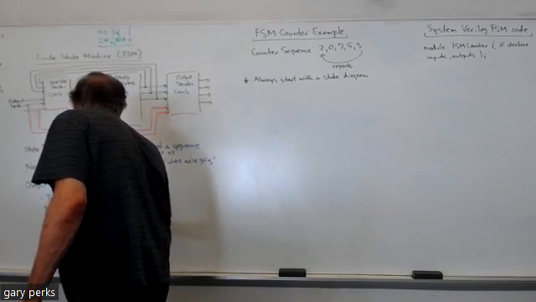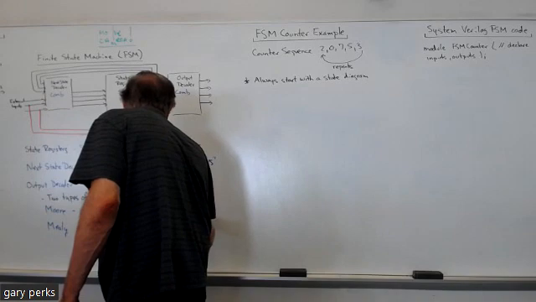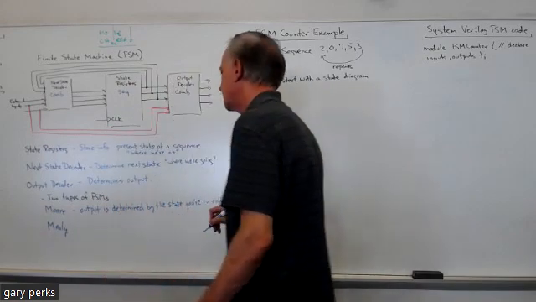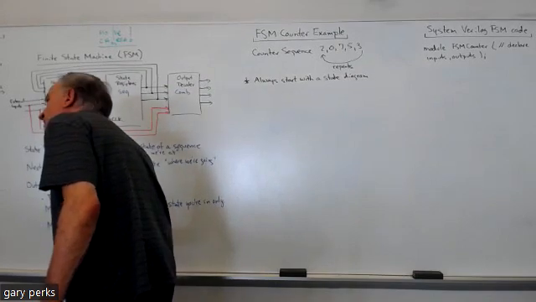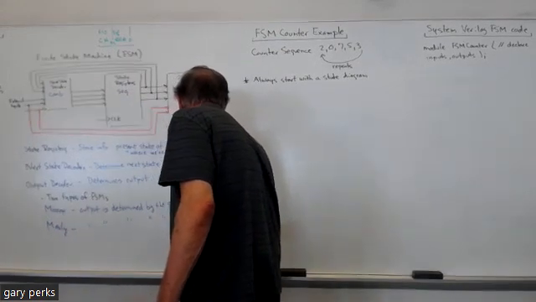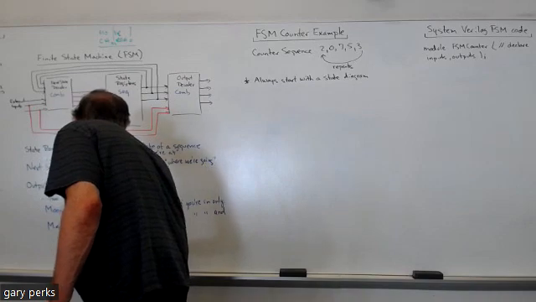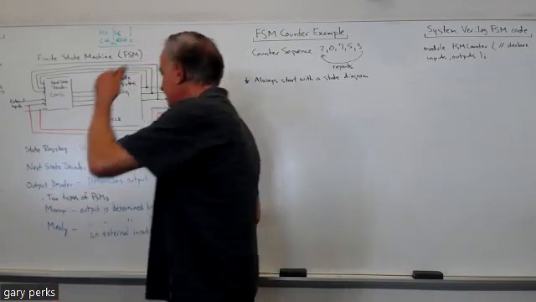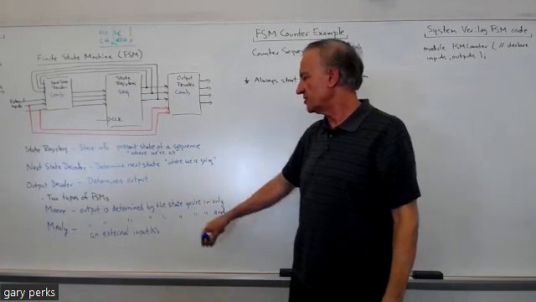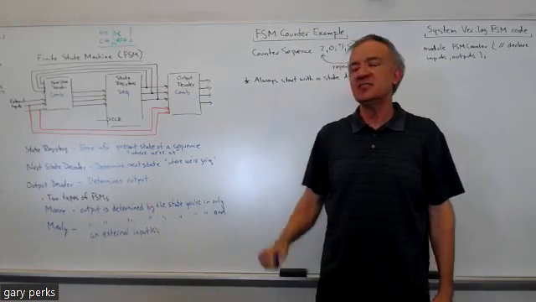In a Moore, the output is determined by the state only. In a Mealy, the output is determined not only by the state, but also by an external input or external inputs, which can be singular or plural.